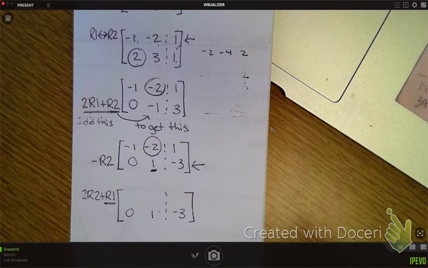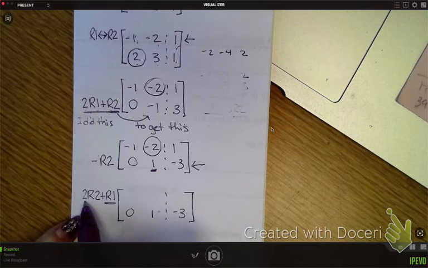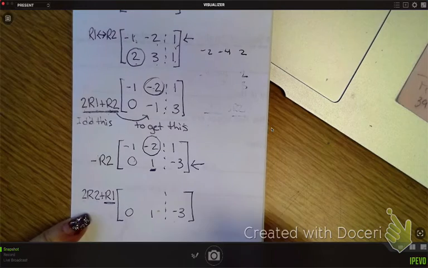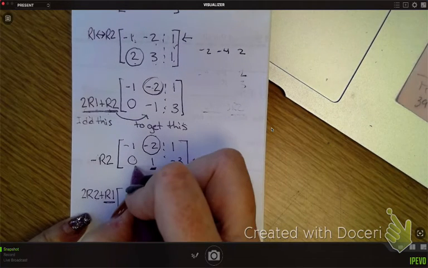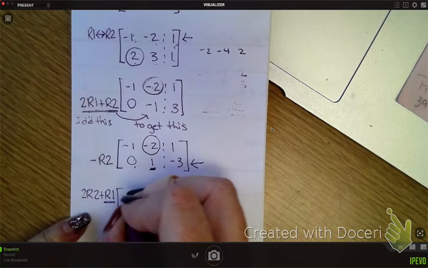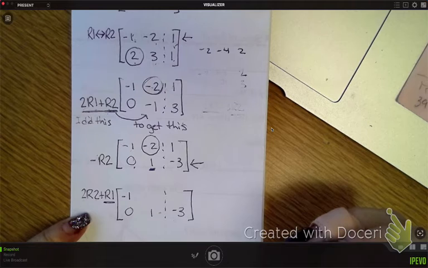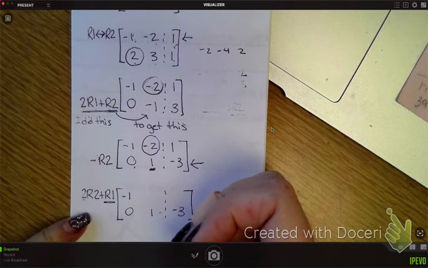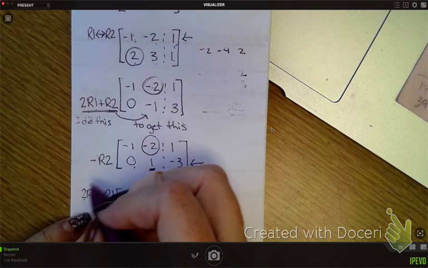Yes, Blaine. What does the plus R1 do? That tells me you're going to take 2 times R2 and you're going to add it to row 1. That's it. So 2 times 0 is 0 plus -1 is -1. 2 times 1 is... I got negative 4. Jaden, what's 2 times 0?